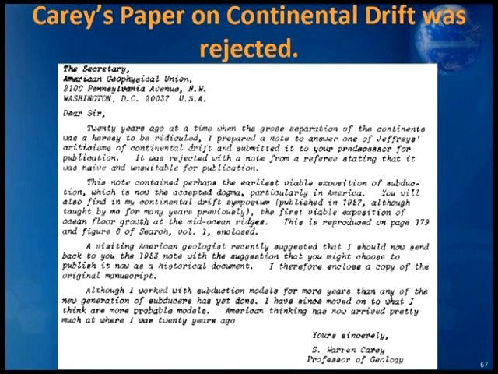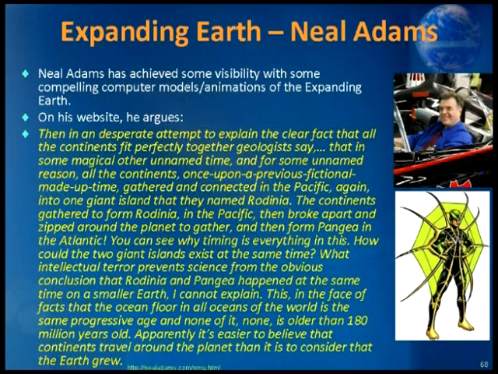But then later, obviously, it became what mainstream science taught and still teaches. So Warren Carey was essentially ahead of his time because he was onto continental drift whilst it was still regarded as a fantasy.